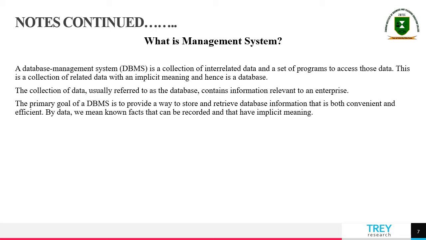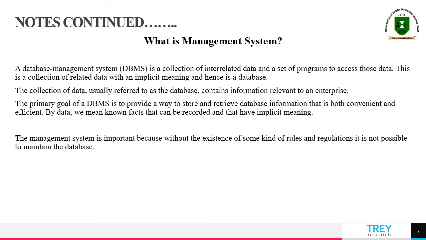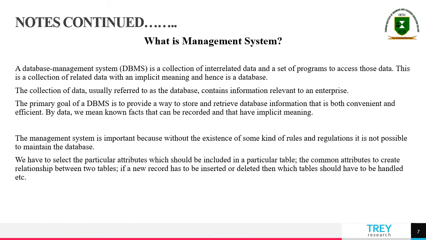By data, we mean the known facts that can be recorded and that have implicit meaning. The management system is important because without the existence of some kind of rules and regulations, it is not possible to maintain the database. We have to select the particular attributes which should be included in a particular table, the common attributes to create a relationship between two tables.